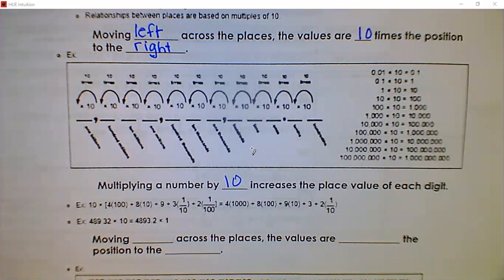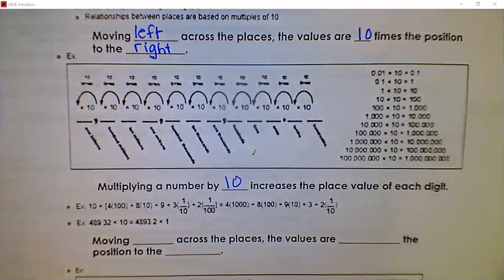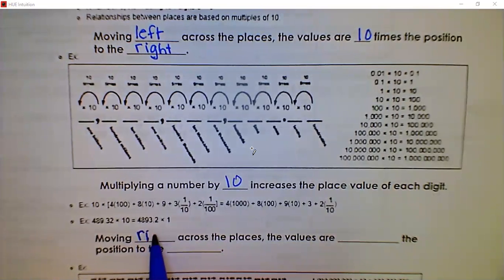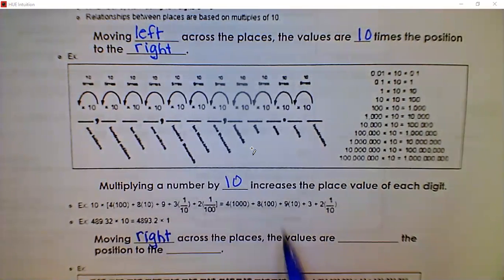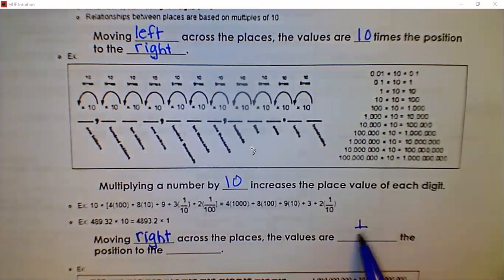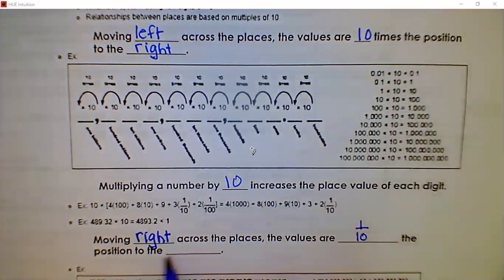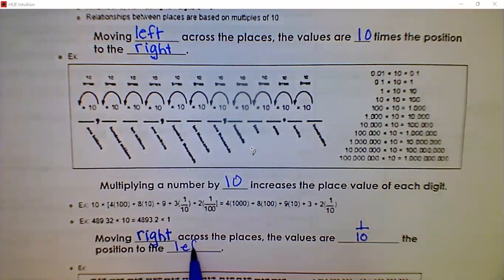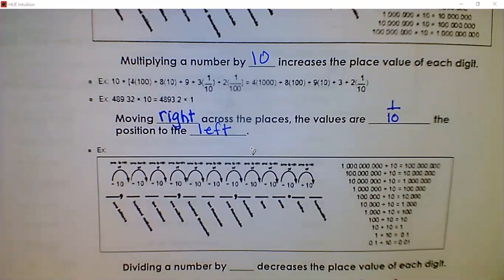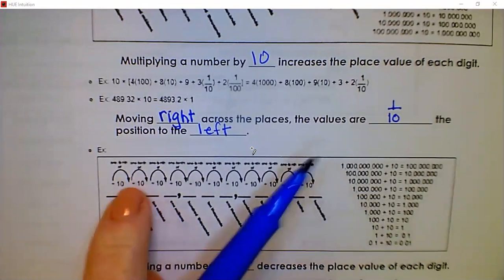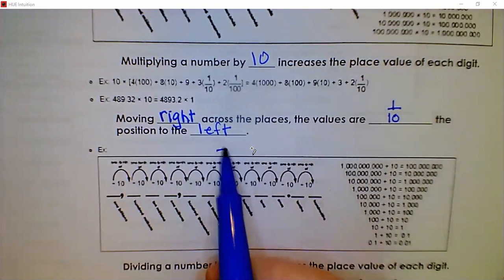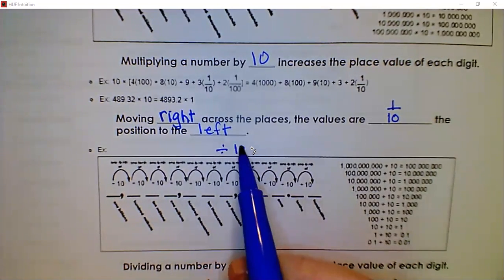Now, if we're moving right across the places, the values are what? If you're moving right, you're dividing by 10, so they are 1/10 the value to the digit on the left. Again, a picture model showing you that. So here, even though it's blurred out, these are all dividing by 10.